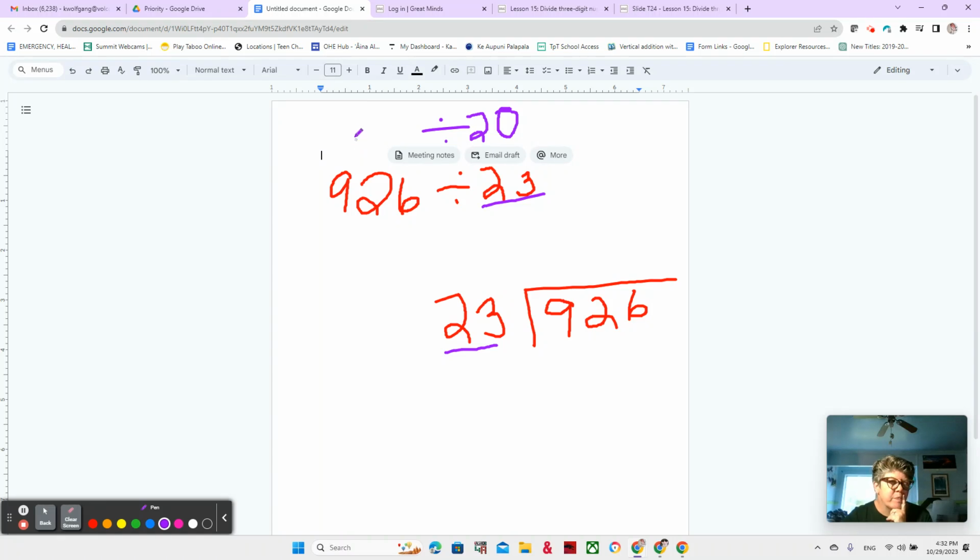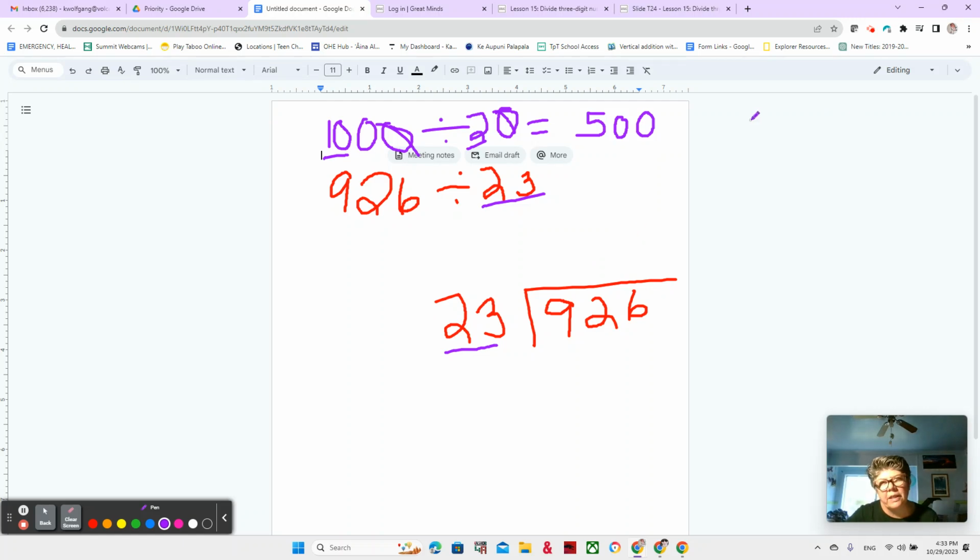I'm thinking about 1,000, right? Because 10 divided by 2 is 5, and that would give us 2 zeros, 500. So 500 is a possibility, right?